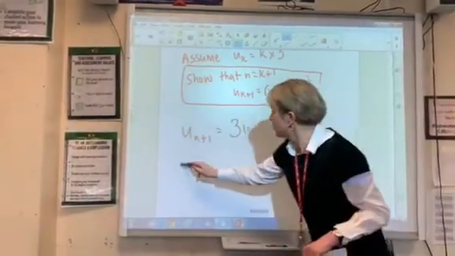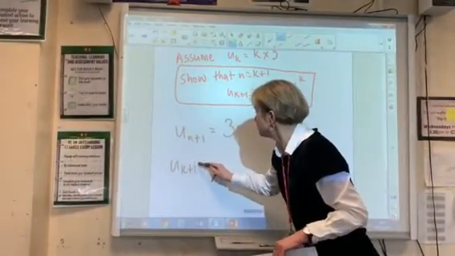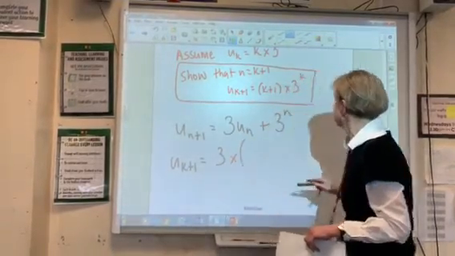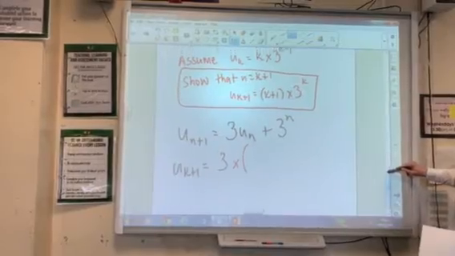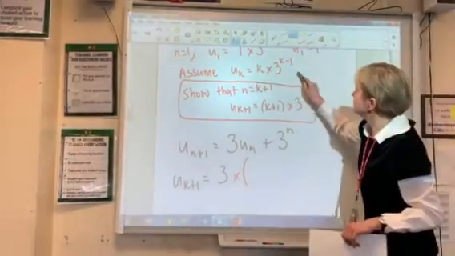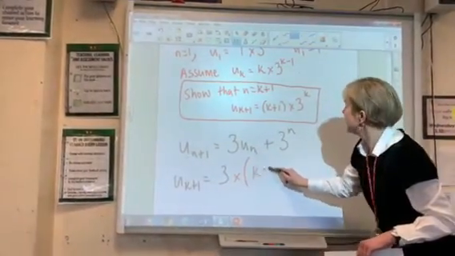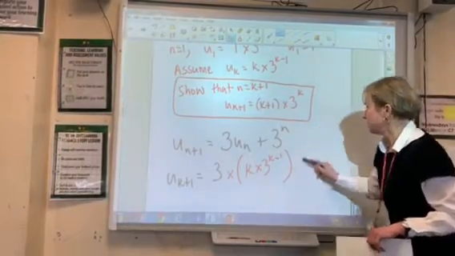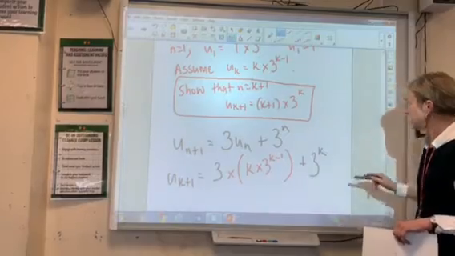So using that, your k plus 1th term will be 3 times your kth term, which is this term here, k times 3 to the k minus 1, plus 3 to the k.